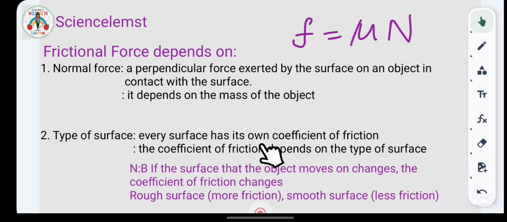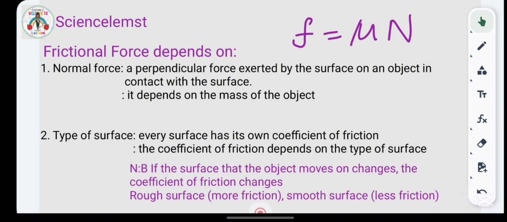So every surface has its own coefficient of friction, and the coefficient of friction depends on the type of surface. If the object is moving on a tile, the tile will have its own coefficient. If the object is moving on concrete, the concrete will have its own coefficient of friction. It's not going to be the same.